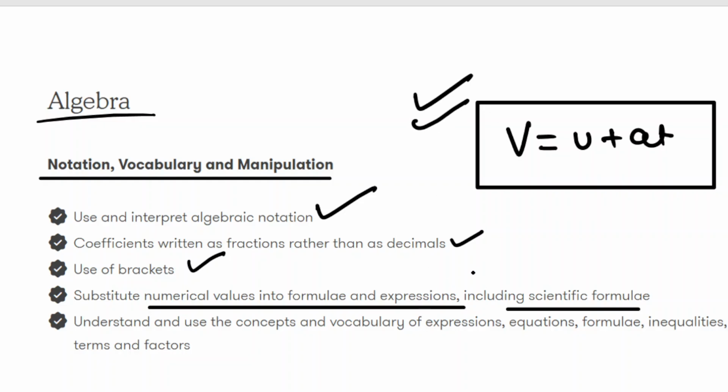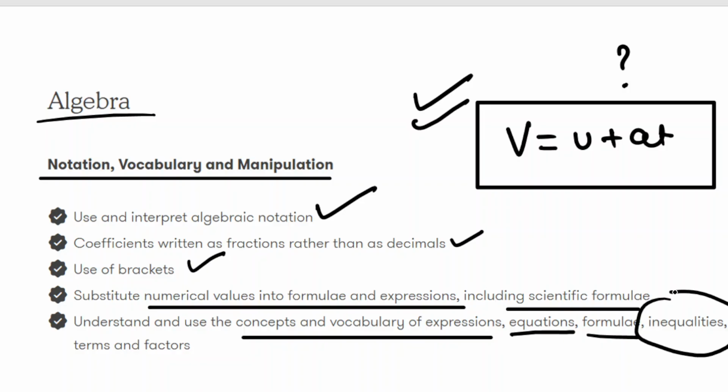We use these formulae for what? Understand and use the concepts and vocabulary of expressions, equations, formulae, inequalities. See, inequalities, where we use such signs, terms, and factors.